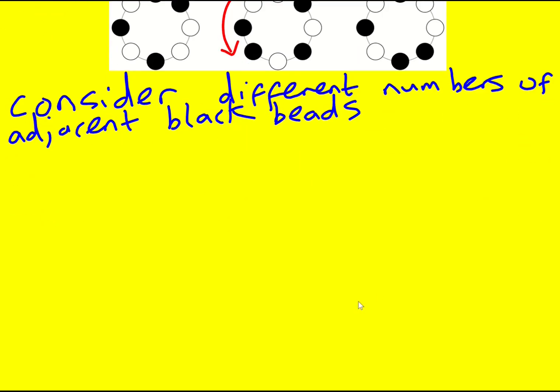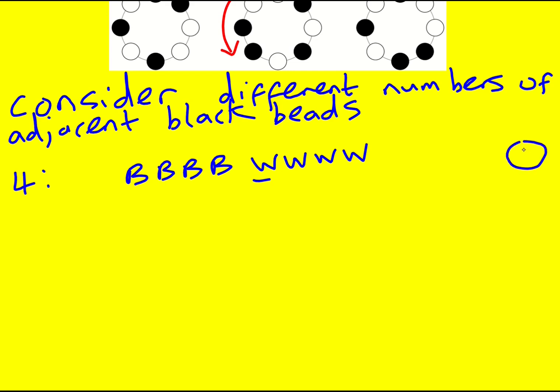So if we're careful, we should get every single one. First of all, four next to each other. Now there's only one gap in which to put the white beads, so it's got to be white, white, white, white. There's just going to be one way that we can make this bracelet.